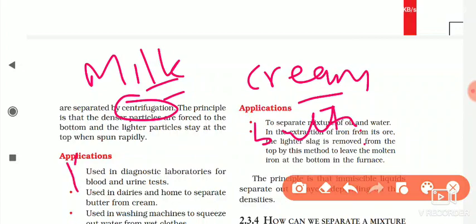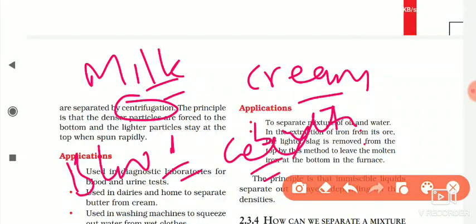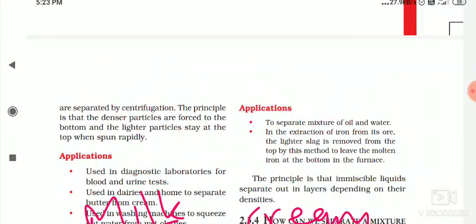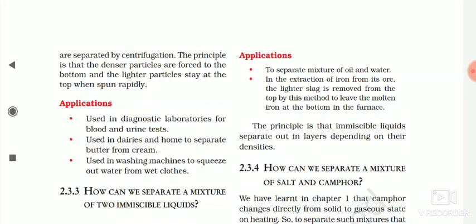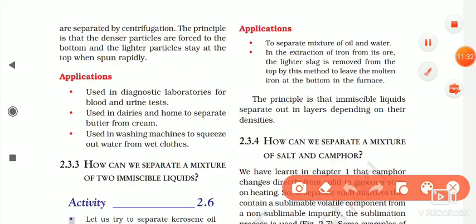Same with blood, you cannot separate the cells by filtering them because they are very small, and it looks like a homogeneous mixture, but it is not homogeneous, it is a heterogeneous mixture. So for them you are using the centrifuging machine or method.